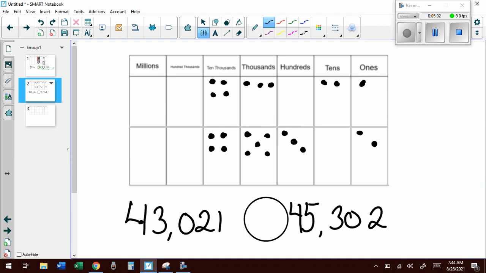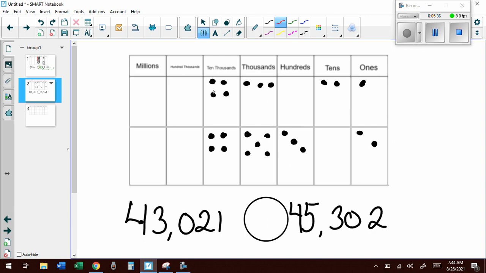Now we read these from left to right to compare numbers. So here we have 4 10,000s and 4 10,000s. So this doesn't give us any information. So we move on. Here we have 3 thousands and 5 thousands. We don't need to read anymore. We don't need to say that this one has more hundreds, this one has more tens, this one has more ones. We've found the greatest place value where they are different.